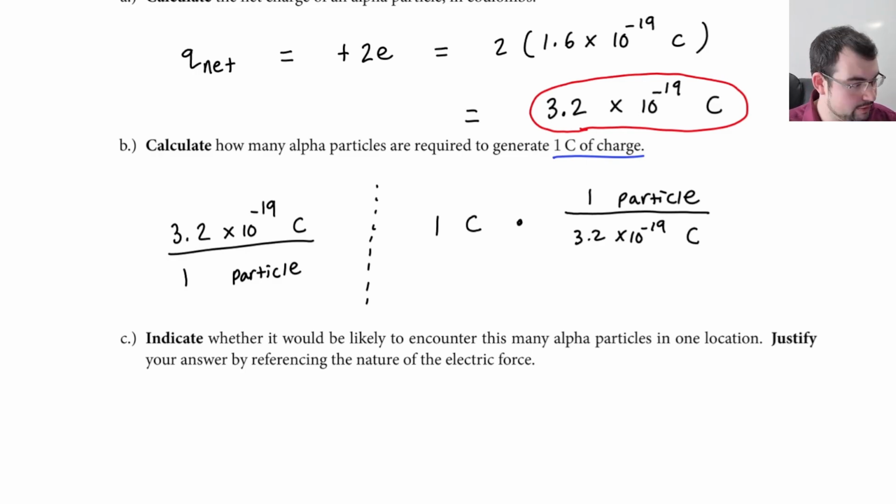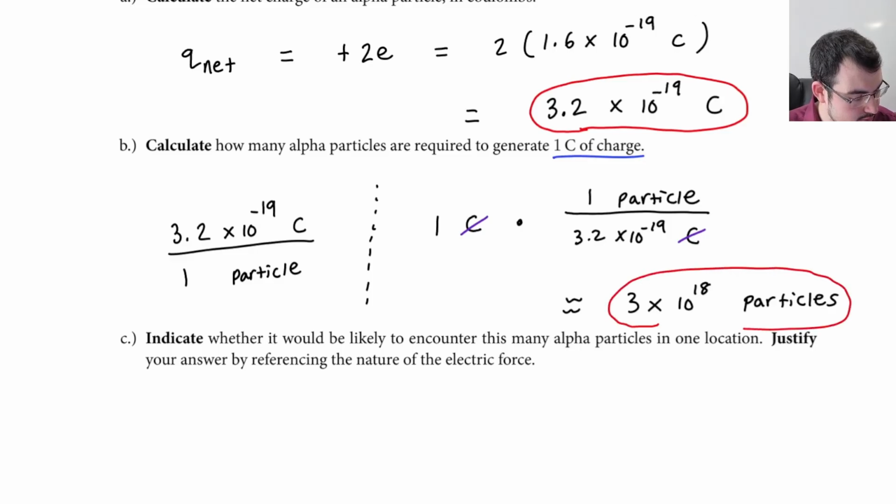We can see that we've effectively canceled our coulombs here, and we're going to be left with particles. And if we do this, we get roughly 3 times 10 to the 18th particles. So that's quite a lot.